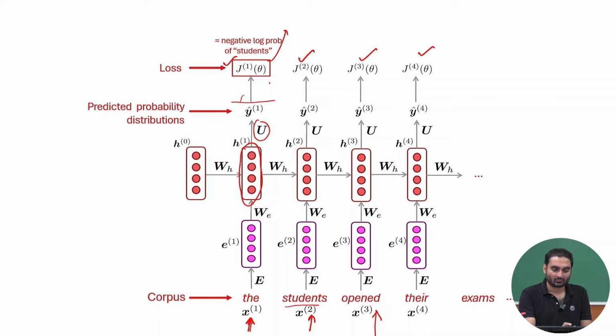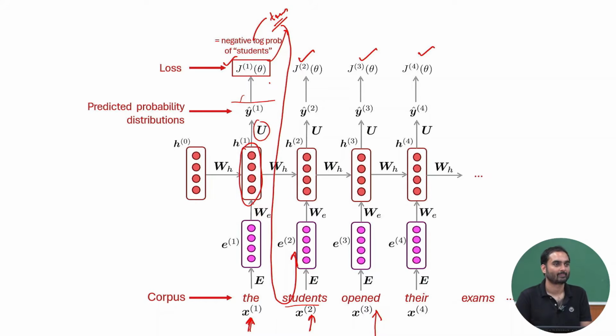When you train, ideally what should happen? If the output here is teachers, the teachers output should be fed here, and the model should be able to predict the next word as opened. Let's say the model predicted closed. Closed should be given here.